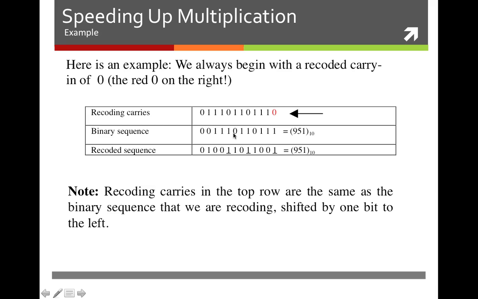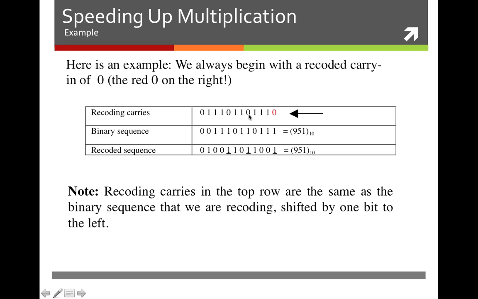The other thing that you have to maybe watch here is that the binary sequence that we have here has something to do with the recorded carries at the top. If you look carefully, the recorded carries are exactly like the binary sequence itself, except it's been shifted by 1 bit to the left. You can see that we put the 0 here, and then the 3 ones have been copied to the left.